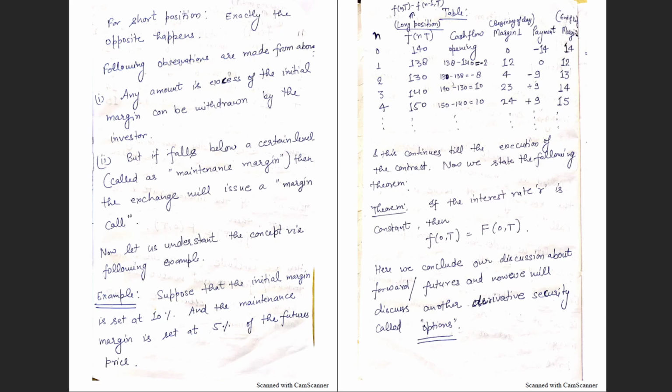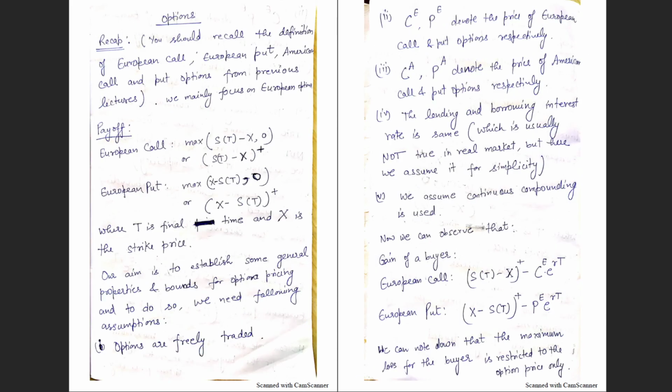Options we have already studied a little bit in our previous lectures. Let me recall very briefly what options are. One party agrees with the other, but the buyer of the option does not have any obligation to exercise it. If he wants to exercise it, he can.